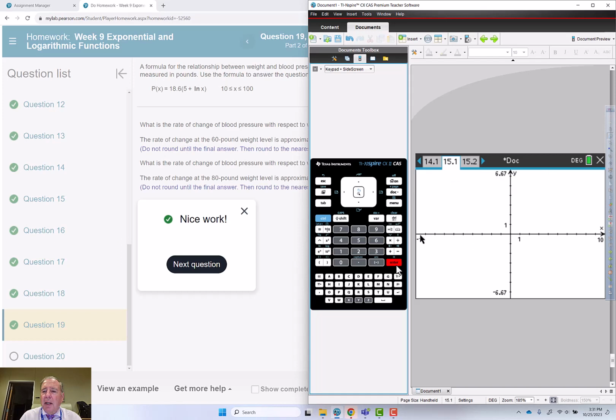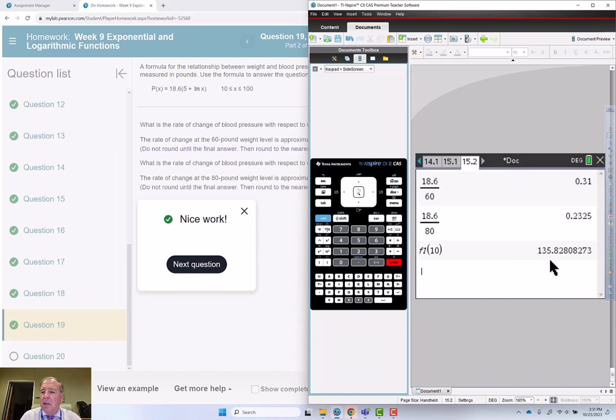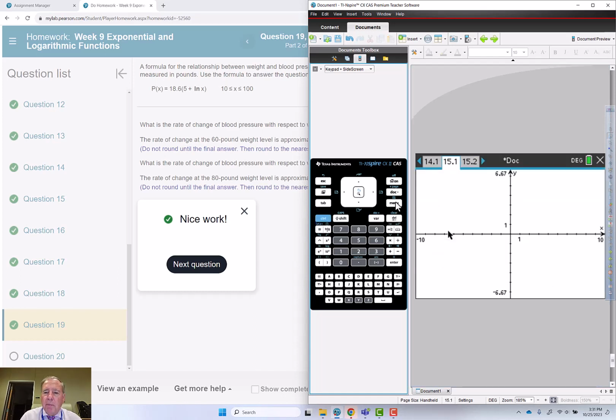So I'm going to hit enter, and I don't see anything. My window's not great, and I'm going to go to the calculator page and do f at 10. So 136, and then f at 100, 178. So I know where to set my window in the graph.